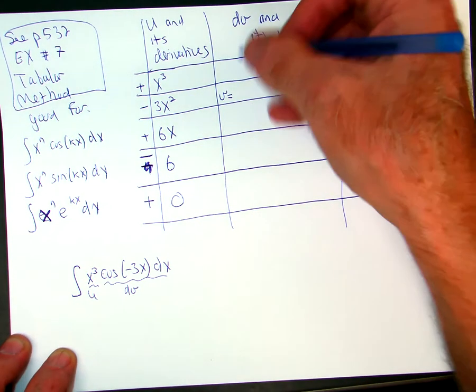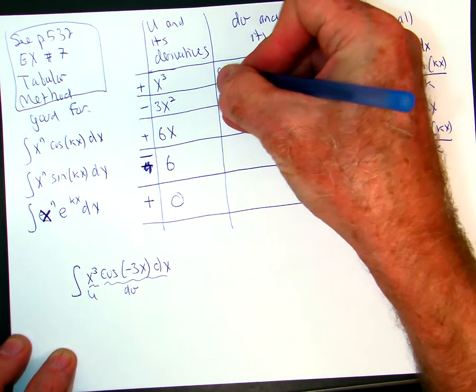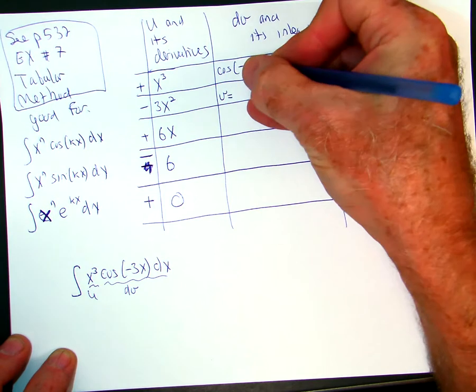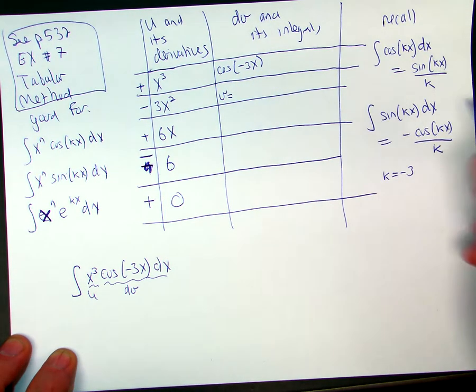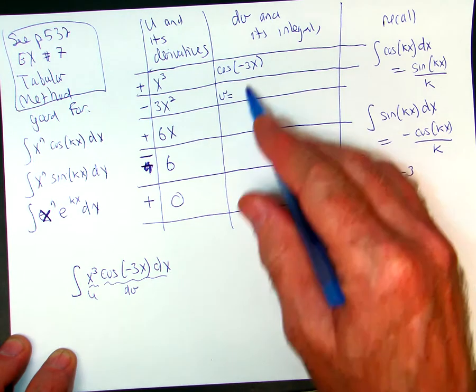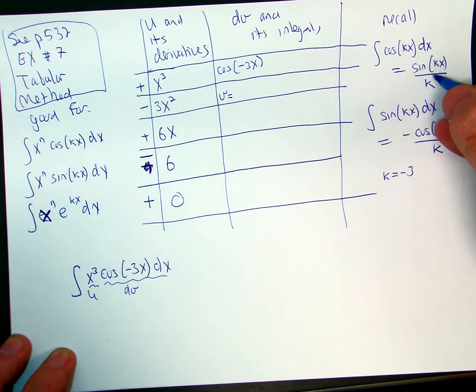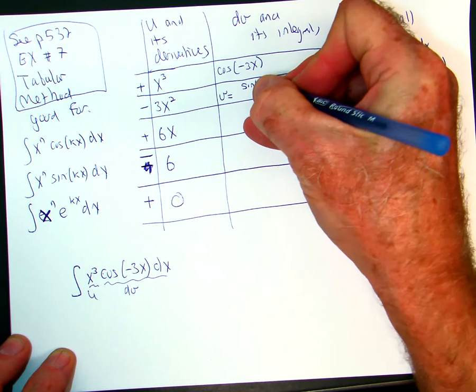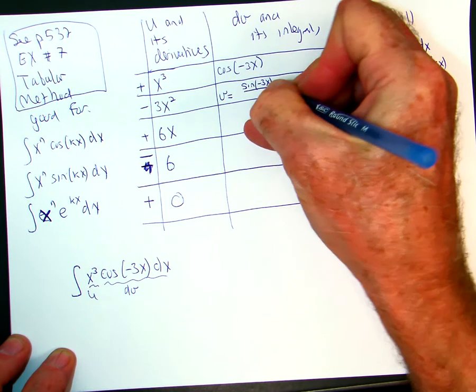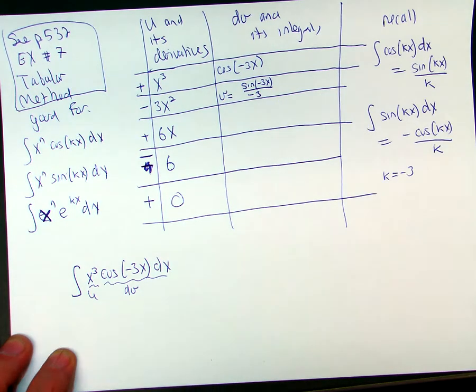So here we're going to write dv and all its integrals. So that's dv, and v is the integral of dv. So we integrate here, and we're going to get sine minus 3x over minus 3. That's straightforward.